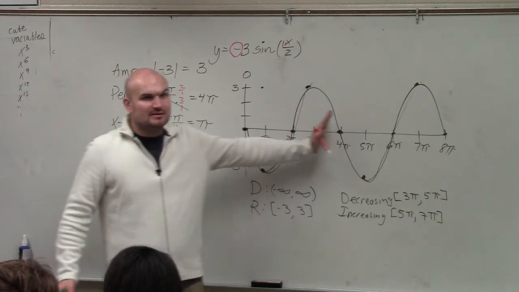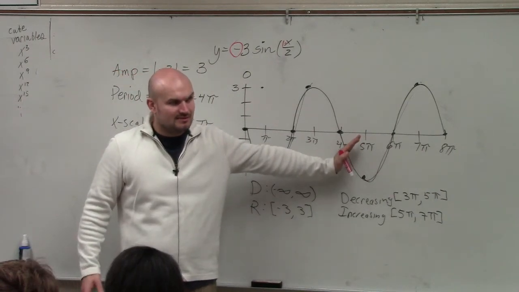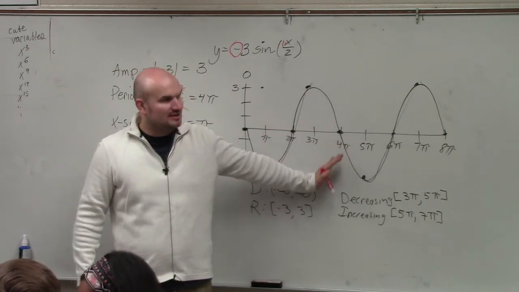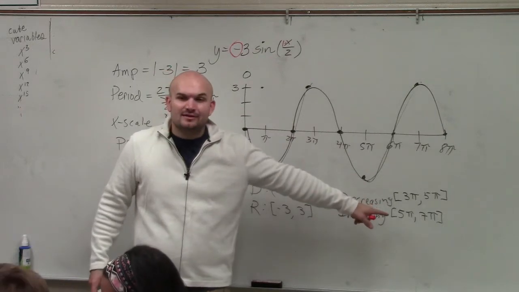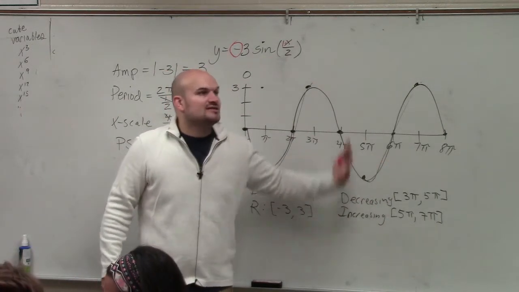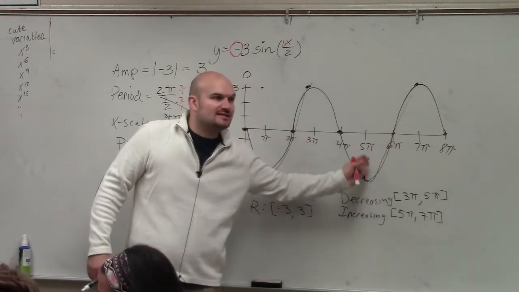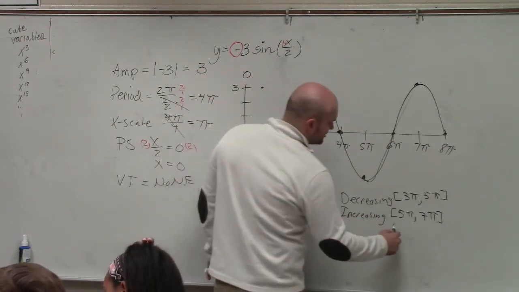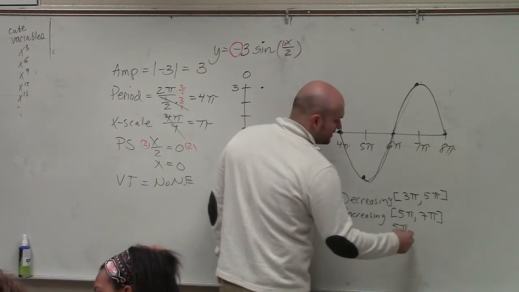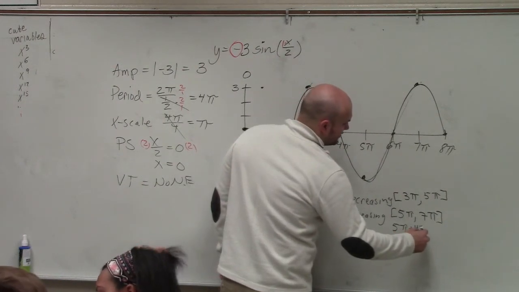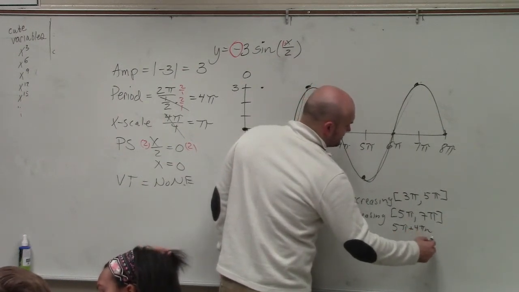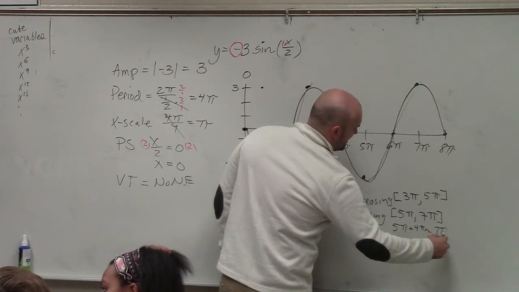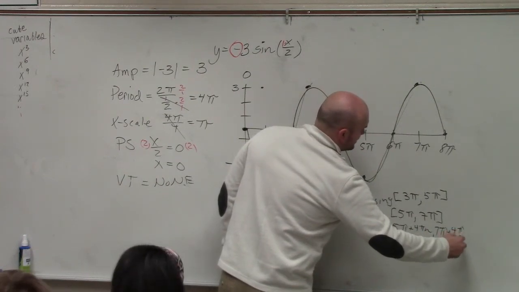It's just another period. So you could just keep on adding 4 pi in this example to find all of the values that it's increasing. I don't want to get too crazy with you, but if I said all the values, it would be 4 pi n, comma, 7 pi plus 4 pi n.